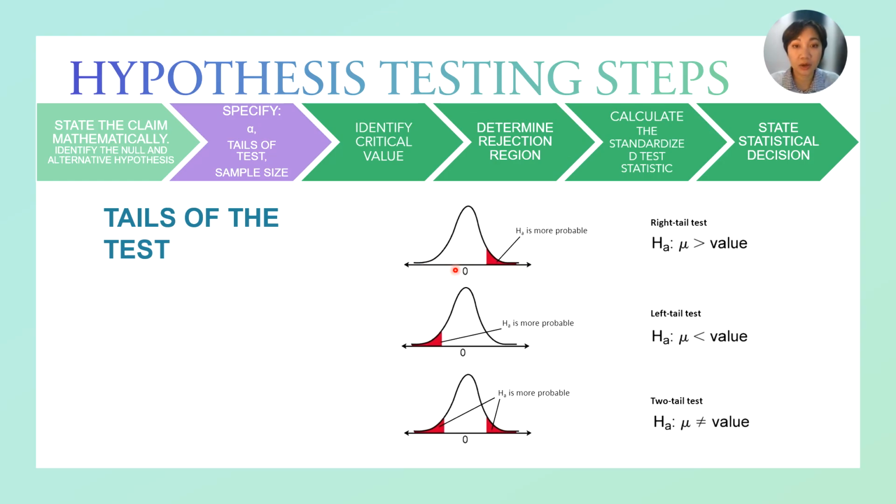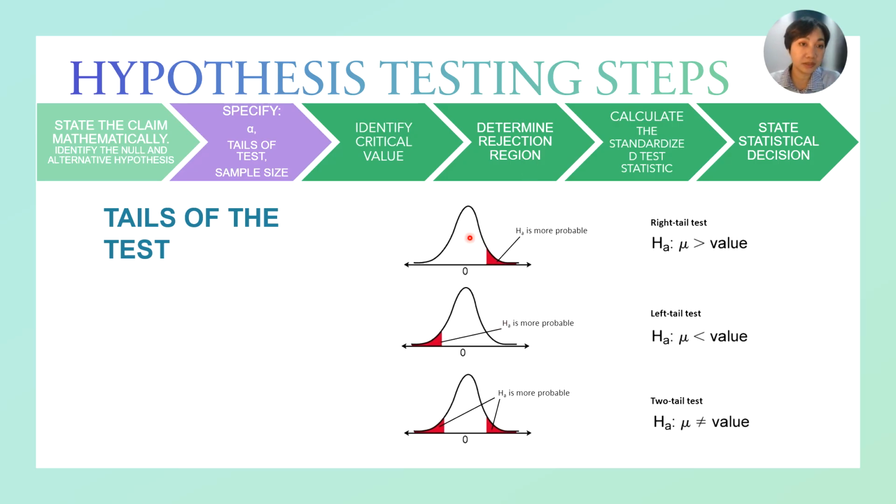Standardized scores are on the x-axis. It could be a z-score or a t-score or a chi-square score. This represents the likelihood of the null hypothesis. If the standardized test statistic enters the small shaded regions, it means the null hypothesis is less likely. So we can reject the null hypothesis.